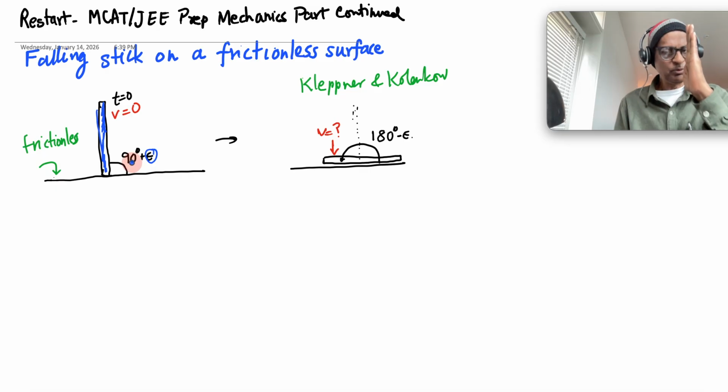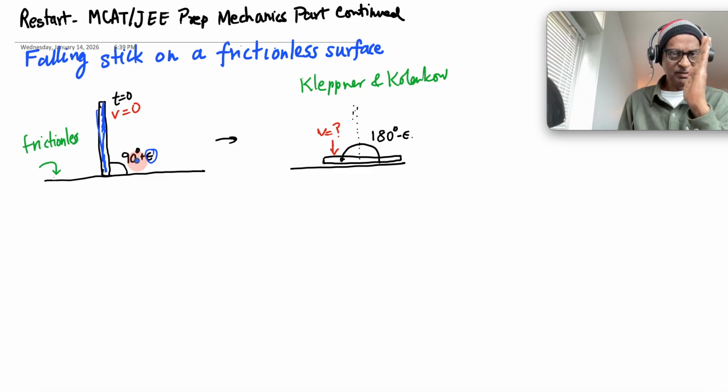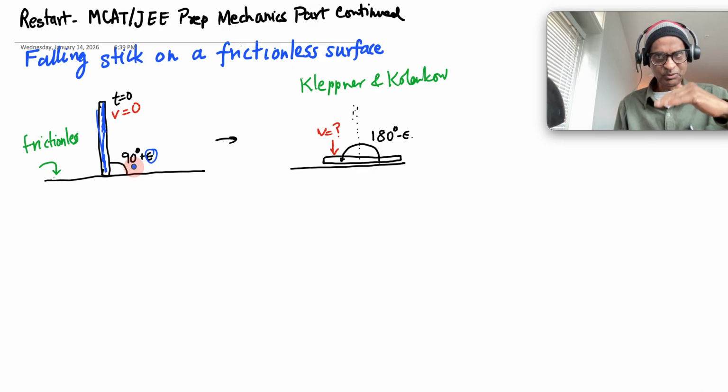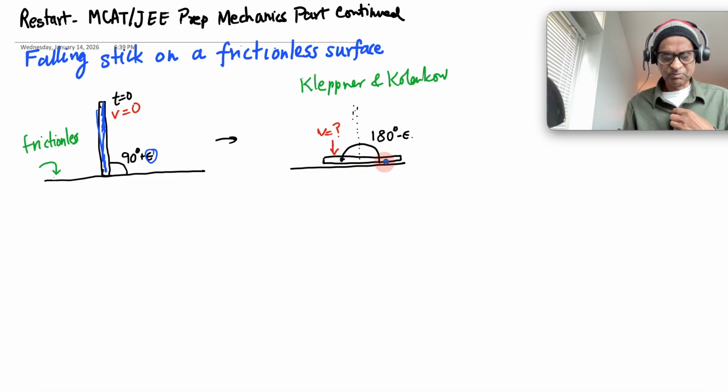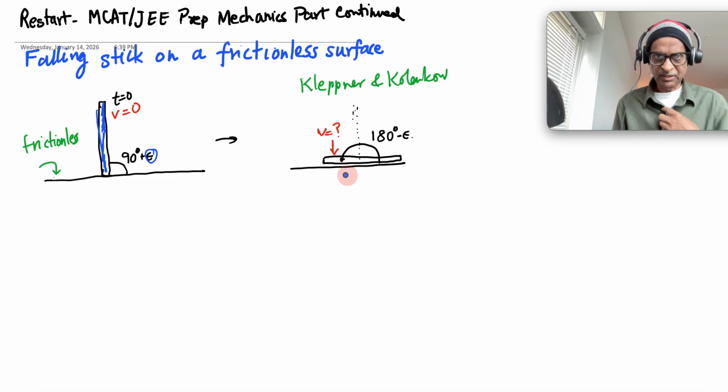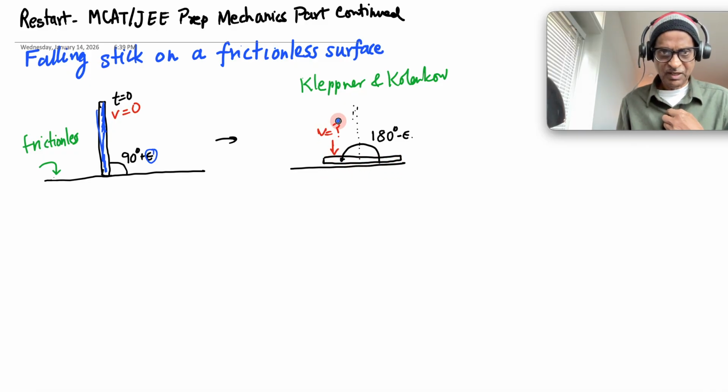If it were completely vertical, it would stay there if I let go. But it's tilted a little bit like that, and when you let go, it's going to fall, and it gets into that configuration after some time.